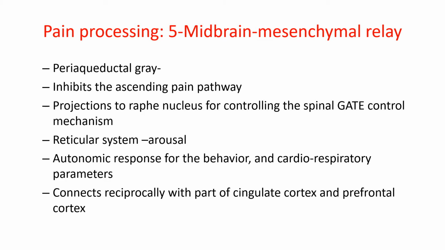These neurons release endorphins and enkephalins. These endogenous opiates will suppress the ascending information reaching the thalamus or the other areas. So that means they are inhibitory.